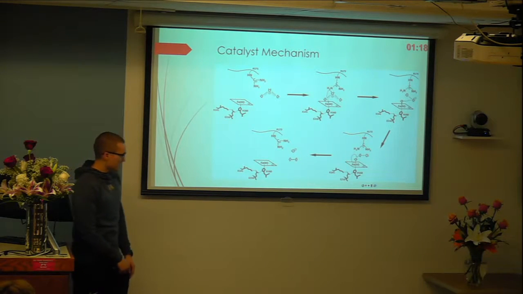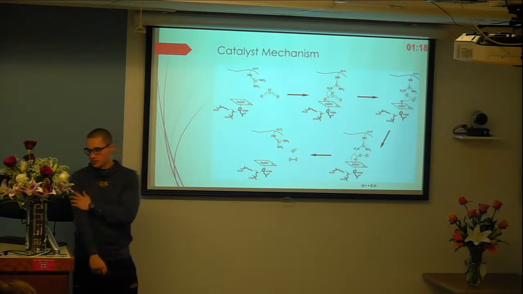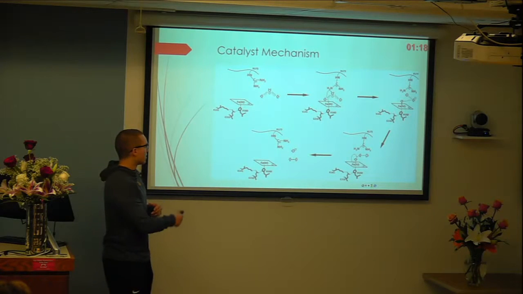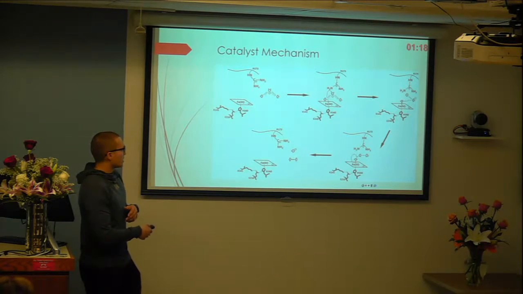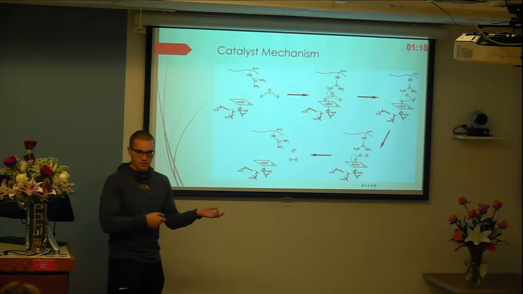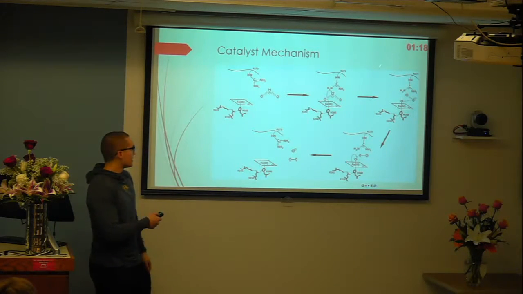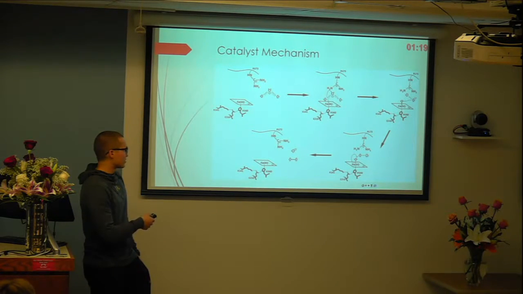Okay, so here's my catalyst mechanism. In the first step of the reaction, we have our chlorite and our heme group, and essentially we looked at how the initial momentum affected the chlorite approaching the heme, which would bind to the iron, making it go to an iron 3 state.